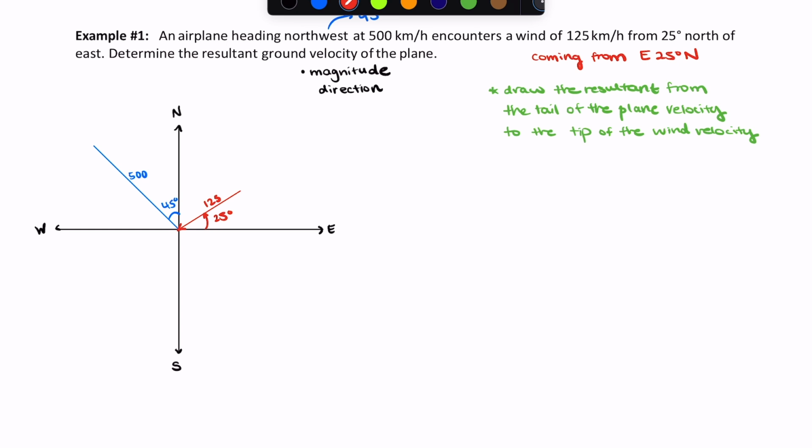We can draw our wind vector here as well.